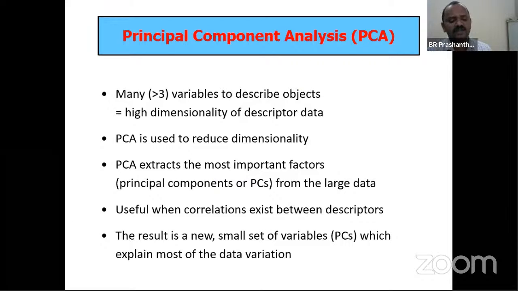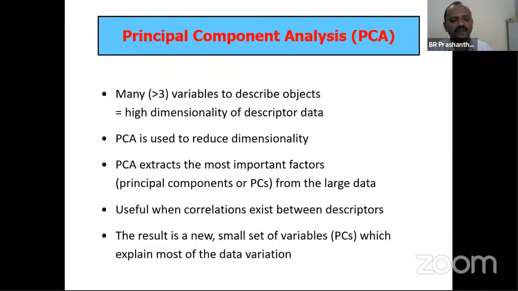Principal component analysis extracts the most important factors, as principal components, from the larger data. When we apply CoMFA and CoMSIA, in the case of CoMFA it is the steric and electrostatic fields. In the case of CoMSIA, apart from the steric and electrostatic fields, hydrogen bond donor, hydrogen bond acceptor and hydrophobicity are also added. Hydrophobicity is also linked to the partition coefficient, which plays a very important role.